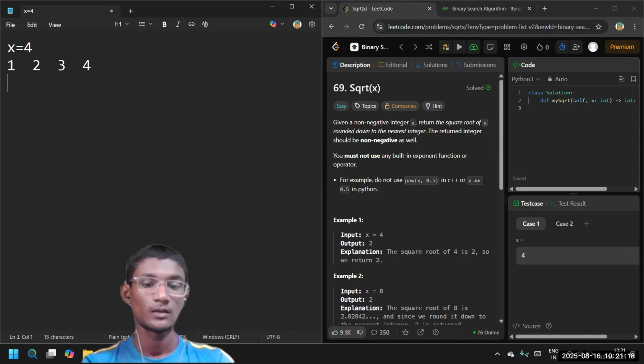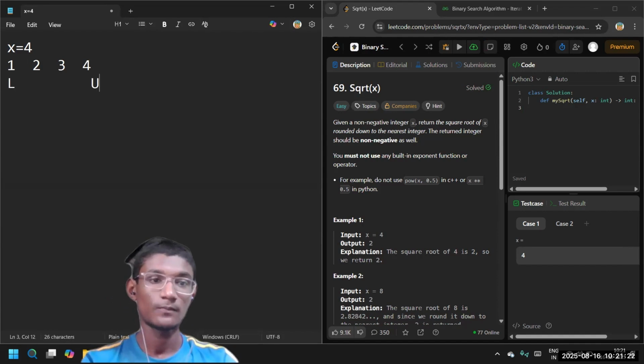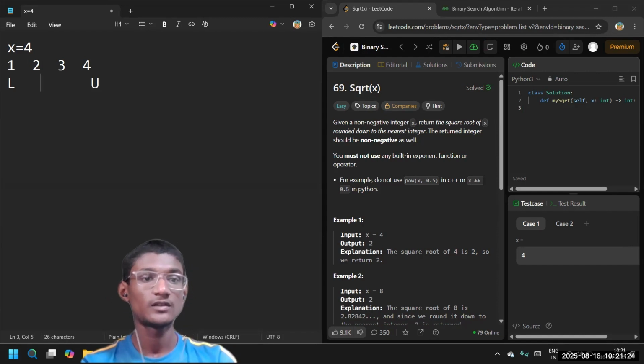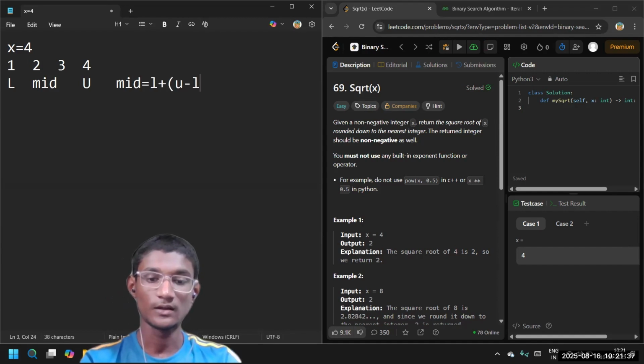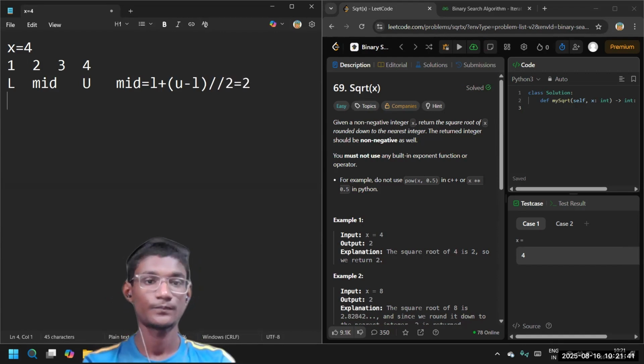This is the lower value, then this is the upper value. Obviously, the mid value is 2 only, right? We have the formula: mid equal to L plus (U minus L) floor 2. That equals 2 here.